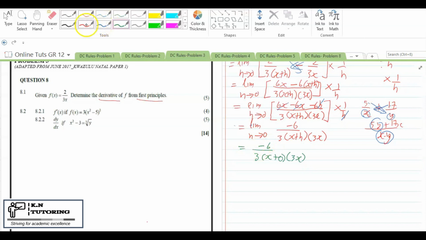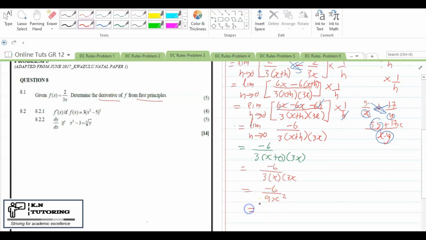Okay, now it's a matter of simplifying. Minus 6, and then this will be 3 times x plus 0 is x. So this will also be times 3x. Then my final answer will be minus 6 divided by 3x times 3x, which is the same as 9x squared.